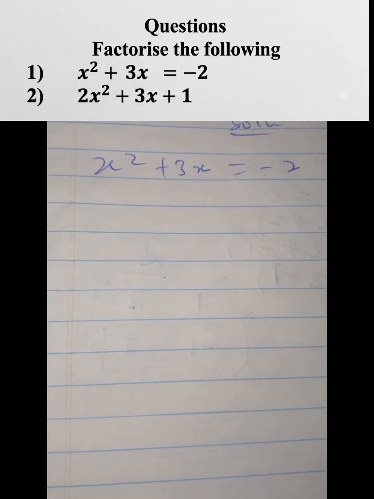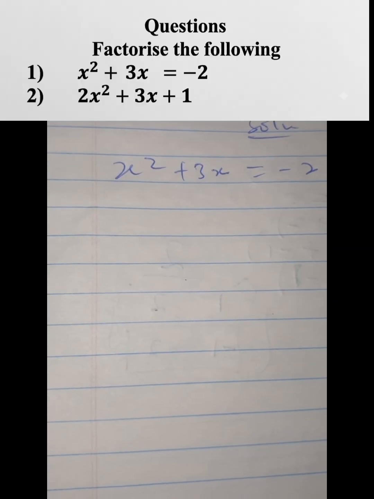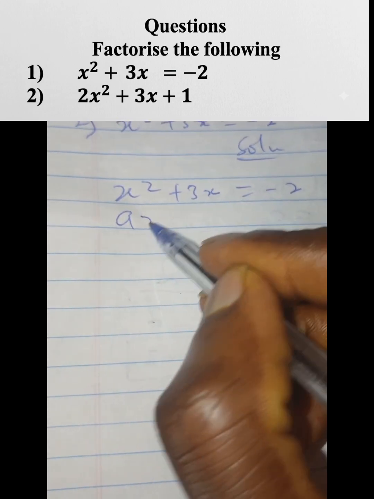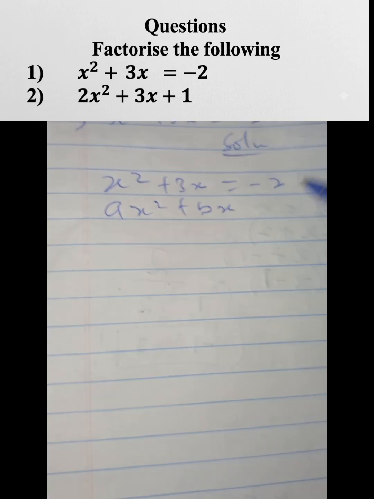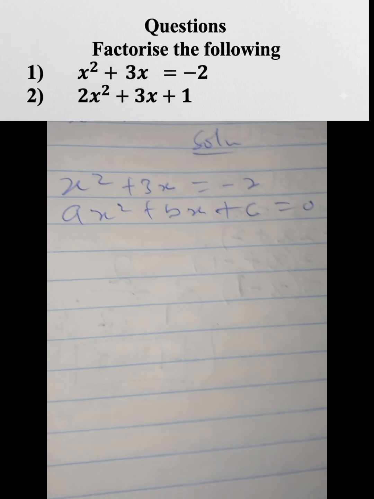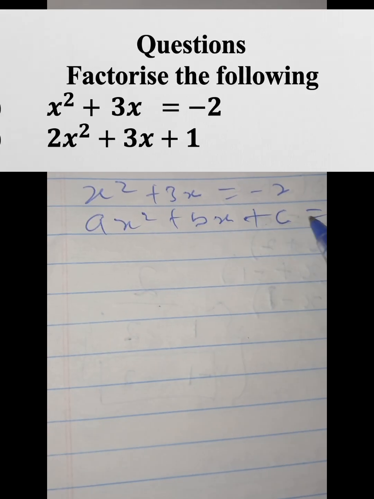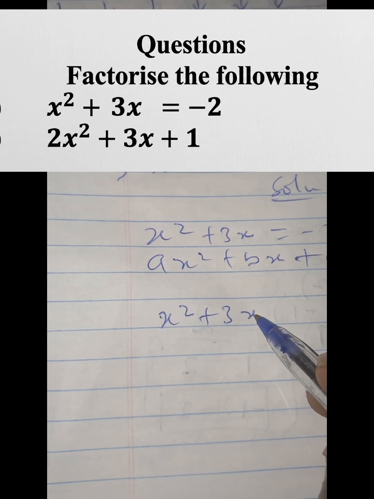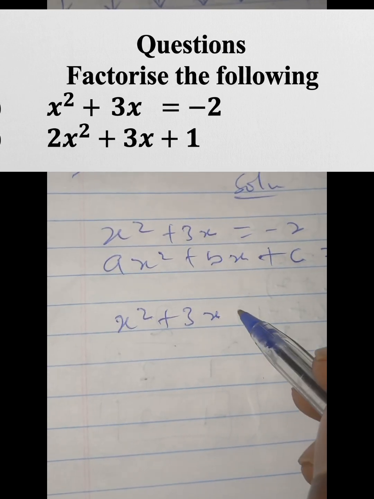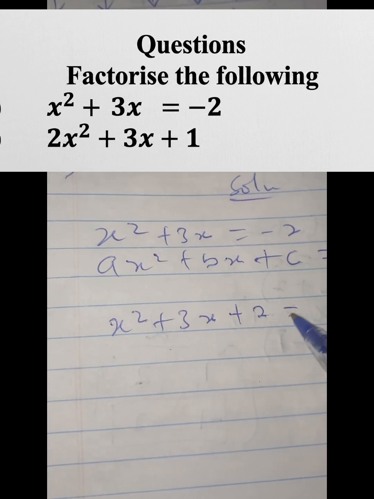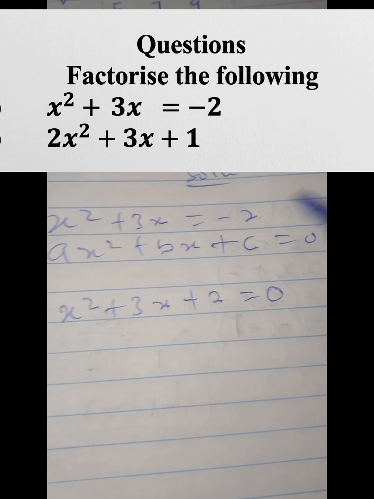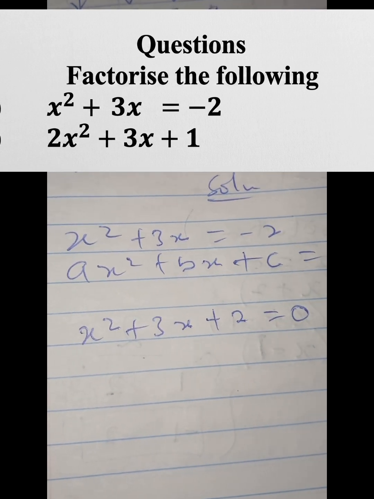First of all, for quadratic equations, they are always in the form ax squared plus bx plus c is equal to 0. So let's rearrange these terms in this form. Since it's negative, when it crosses the equal to sign, it will be positive.